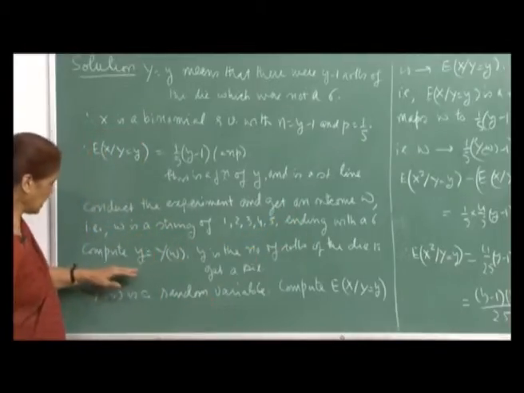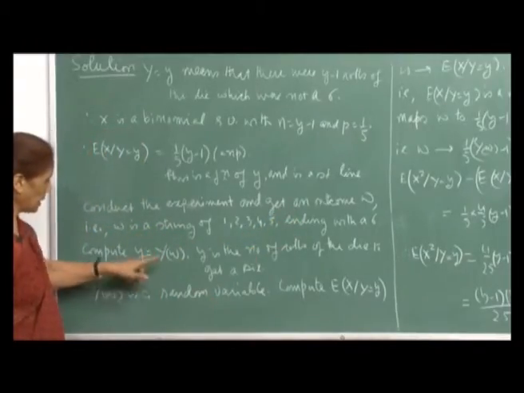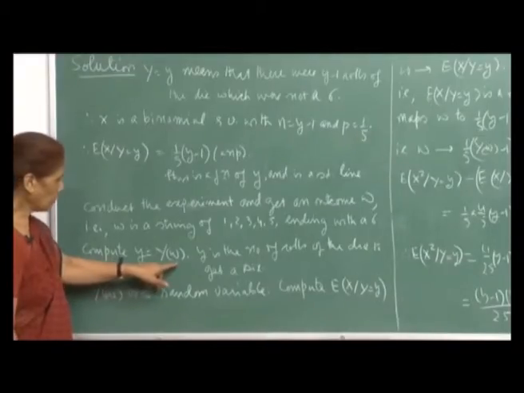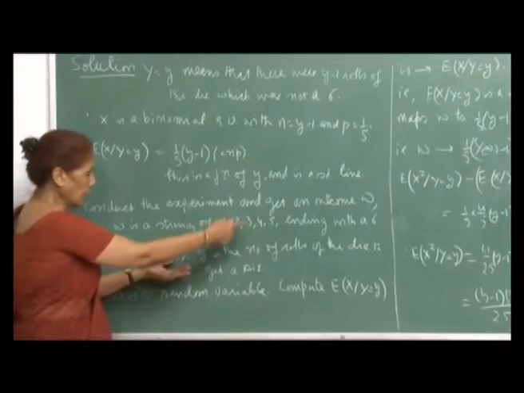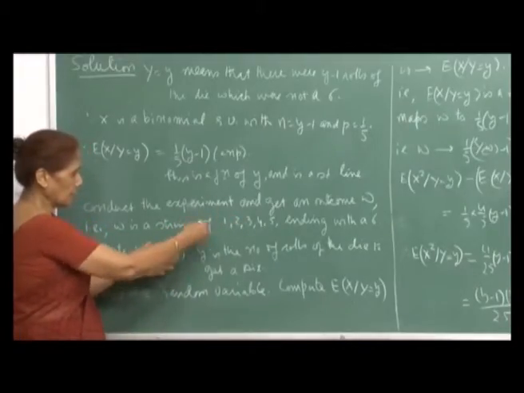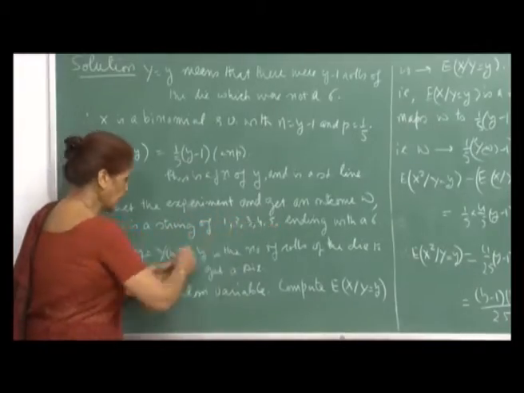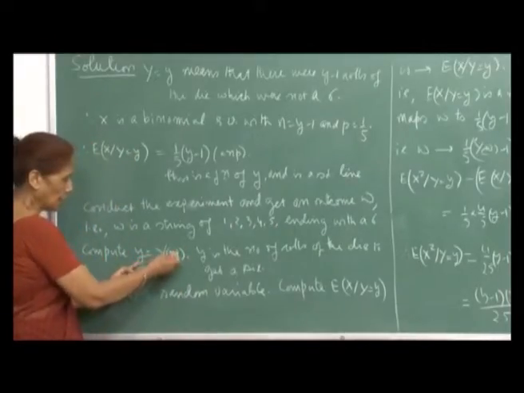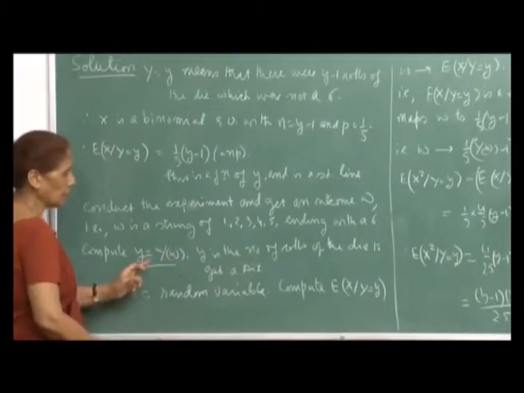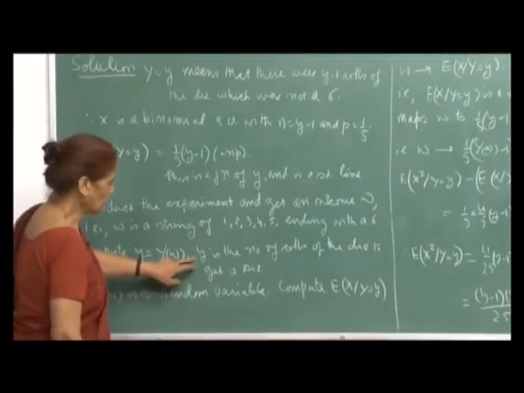So now you can say that small y is the value of capital Y at omega, because omega represents a string and Y counts the number of elements in the string. So this is our relationship: small y is capital Y at omega. Y is the number of rolls of the die to get a 6.